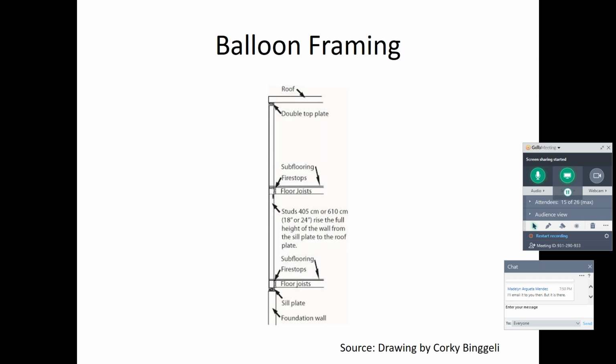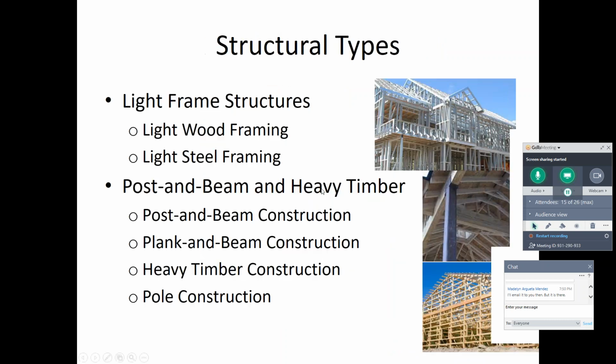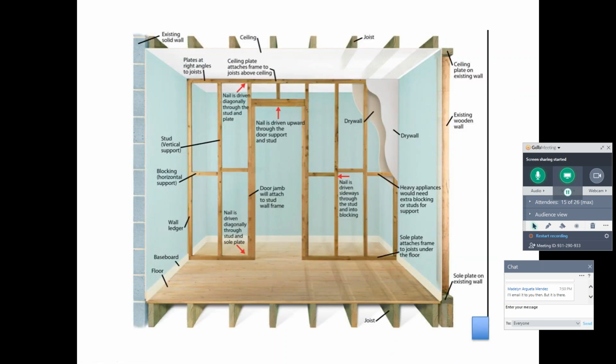Here's a balloon framing. So balloon framing is where we have the first wall that I was showing in that three-dimensional cutout where the ladder is uneven. It was kind of a perfect ladder when we look at the pole construction. If we go back, and this is an interior, but the idea that we have a top member, a bottom member, and then every so often we have our 2x4 studs that run in between, and then we're going to have to spread the load by having our blocking horizontal supports.